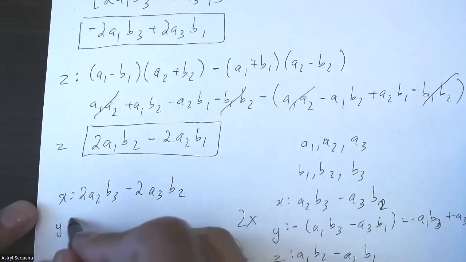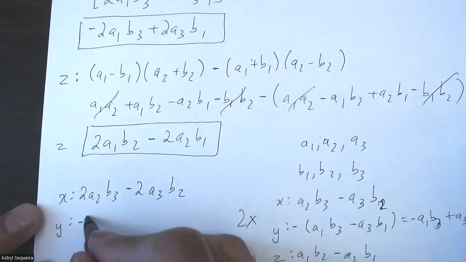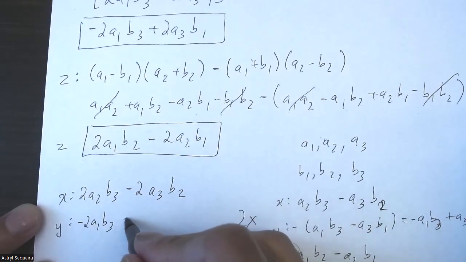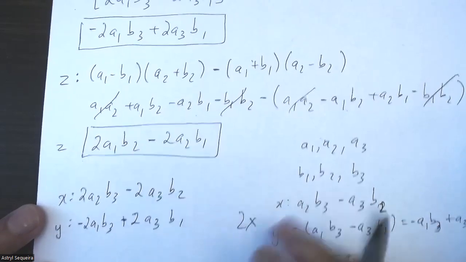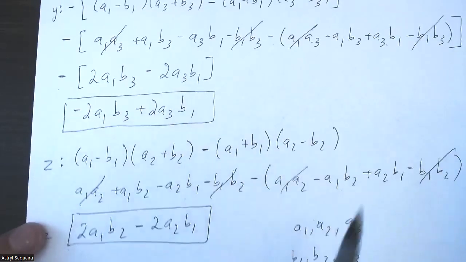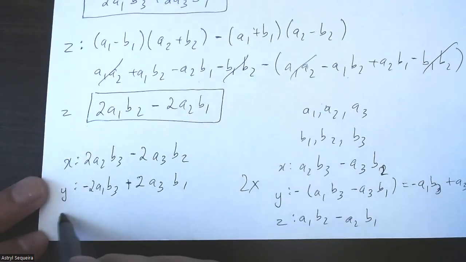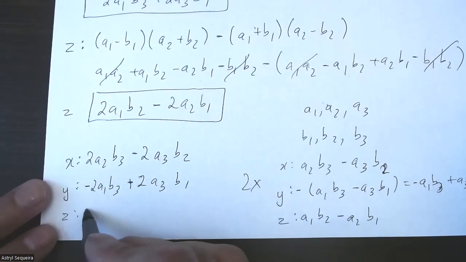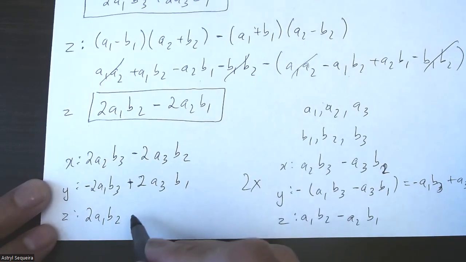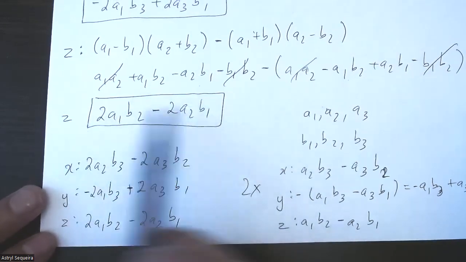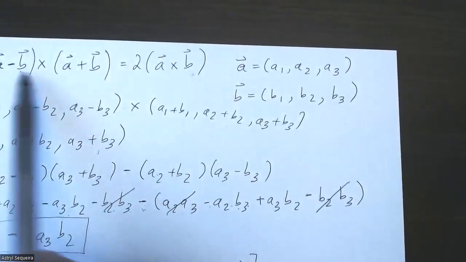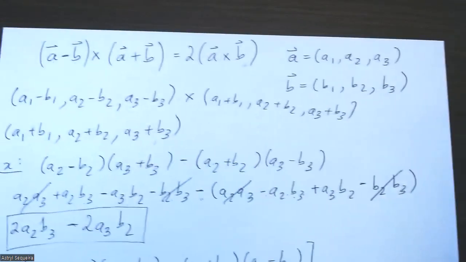Same thing with the y component. If I multiply it by 2, I have negative 2a1b3 plus 2a3b1, which again matches this identically. And then the last z component, if I multiply by 2, we'll have 2a1b2 minus 2a2b1, which again matches this one exactly. And then we've done this proof over here.